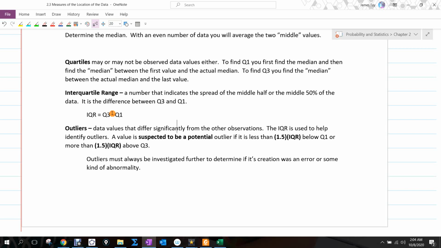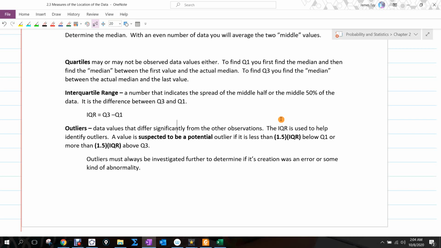We need something more precise. So what we do generally is take our interquartile range, multiply it by 1.5, and then subtract that from Q1 and add it to Q3. If we have any data outside those totals, those are what we identify as outliers.